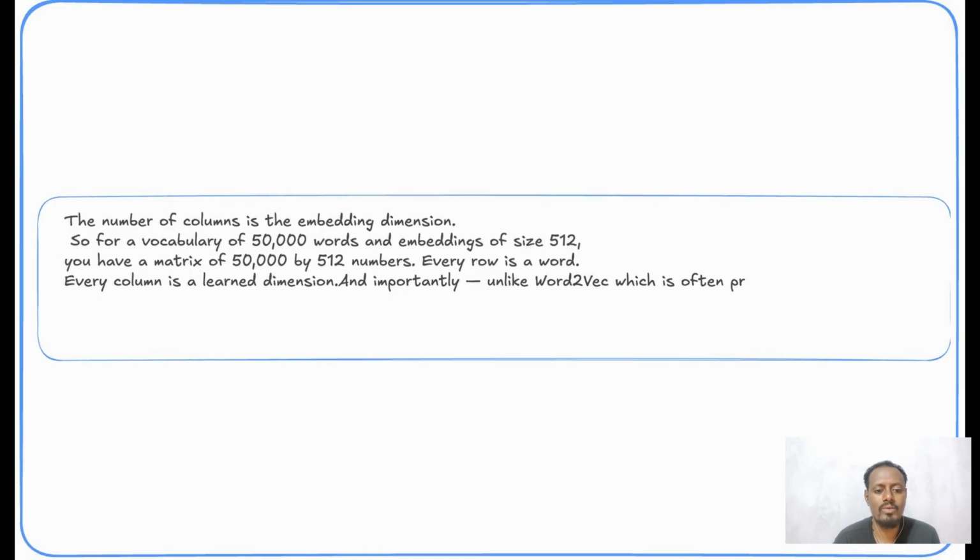Importantly, unlike word to vector, which is often pre-trained separately, in a transformer this embedding layer is trained end-to-end. The whole model learns together, optimizing for the actual task. This embedding layer is the very first thing that happens in the transformer. Tokens become vectors, then the real processing begins.